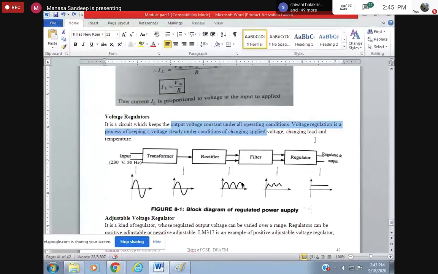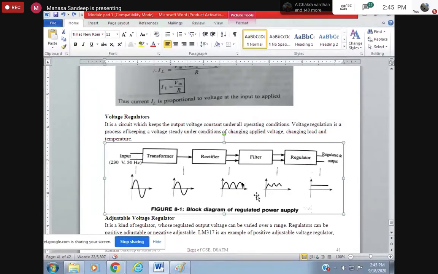The input may have many fluctuations, but voltage regulators maintain a constant voltage under all conditions, so that it protects our electronic devices. If there is a very large variation in the applied voltage, that may damage the internal parts of the electronic equipment. Voltage regulators prevent that from happening.